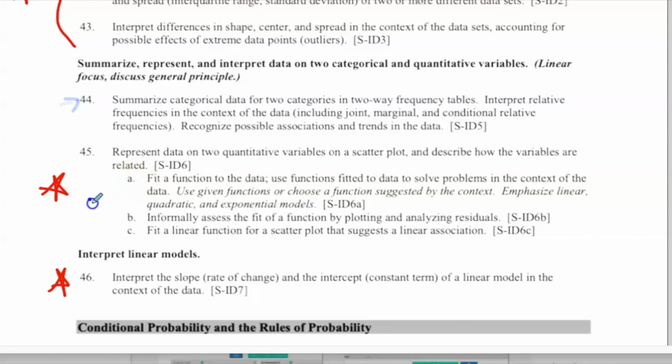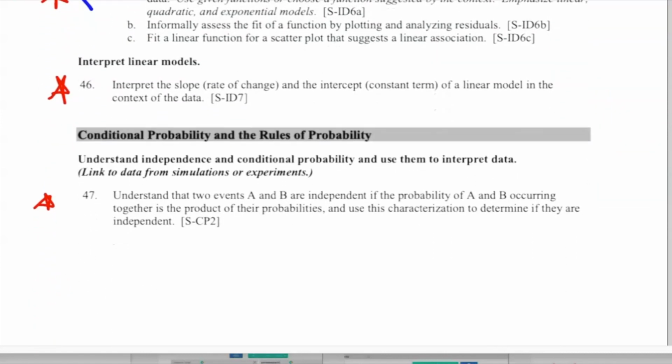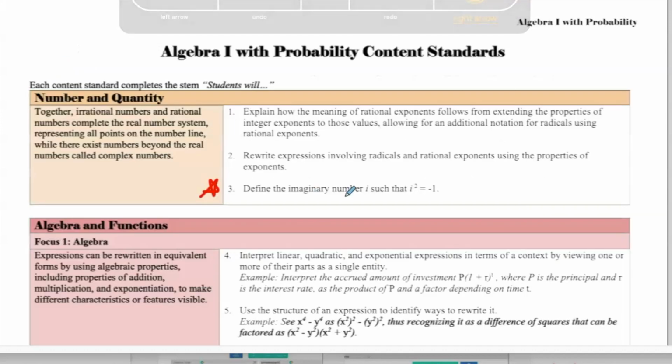Standards 45 and 46, they went to geometry, which now will be before Algebra 1. In Standard 47, like in the previous course, there was only one standard that dealt with conditional probability and independence. So you'll see in the new course of study, we go a lot more in depth into conditional probability and independence.